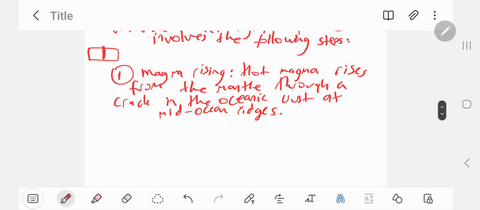Okay, so magma rises through cracks in the oceanic crust at mid-ocean ridges. That's step 1.